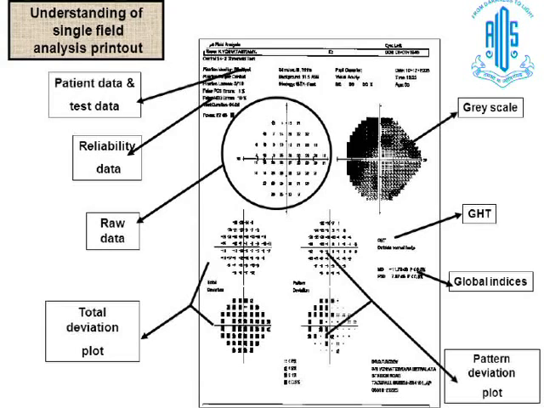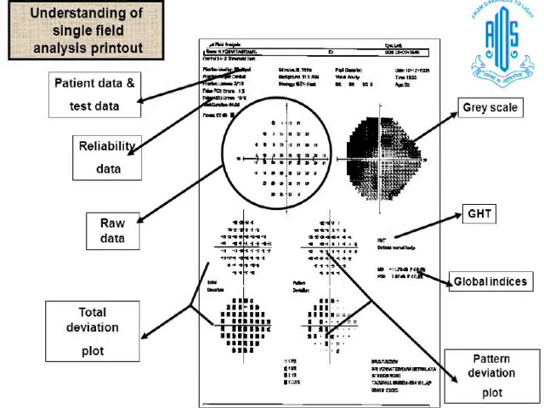This is the patient data, test data, the reliability data, raw data, grayscale, probability plot, total deviation numerical plot and total deviation probability plot, pattern deviation numerical plot and pattern deviation probability plot, global indices which contain mean deviation and PSD, and the glaucoma hemifield test. So we have to understand each component of the single field analysis printout.